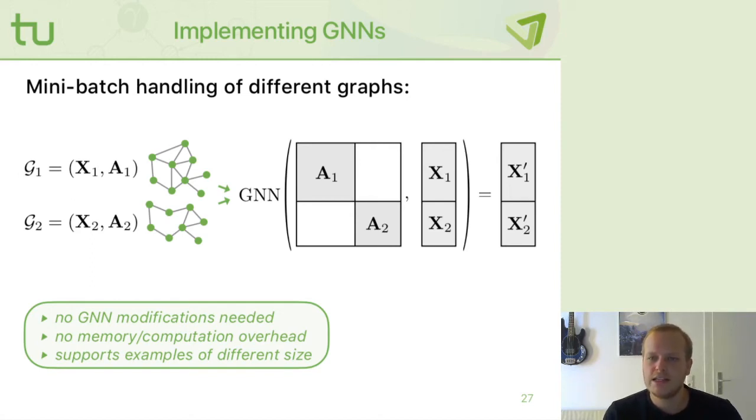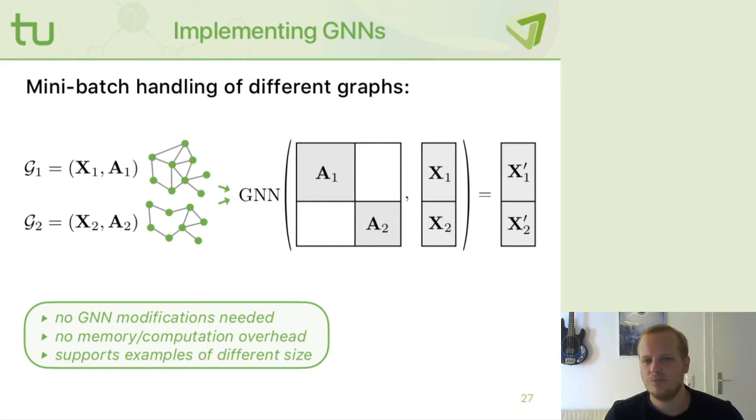Since GNNs aggregate neighborhood information from their direct neighbors, there's no way that the disconnected graphs in our mini-batch can receive a message from another graph. Furthermore, there is no additional memory or computation overhead required for this mini-batching procedure.